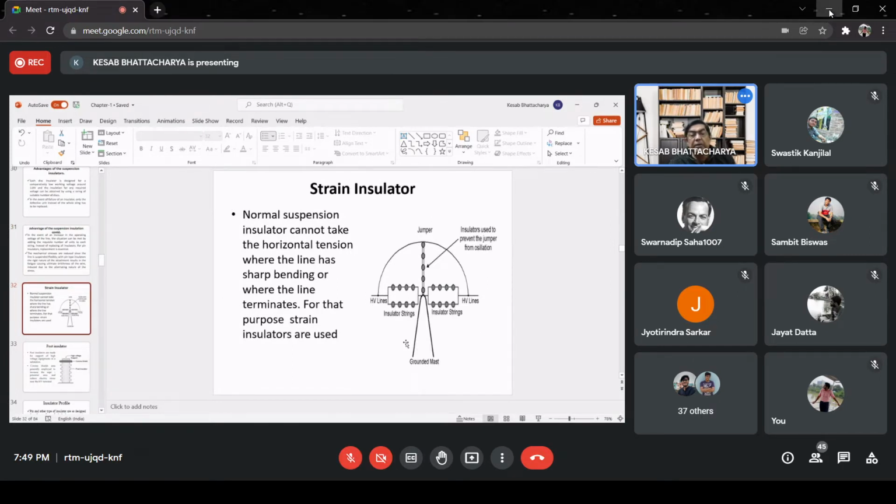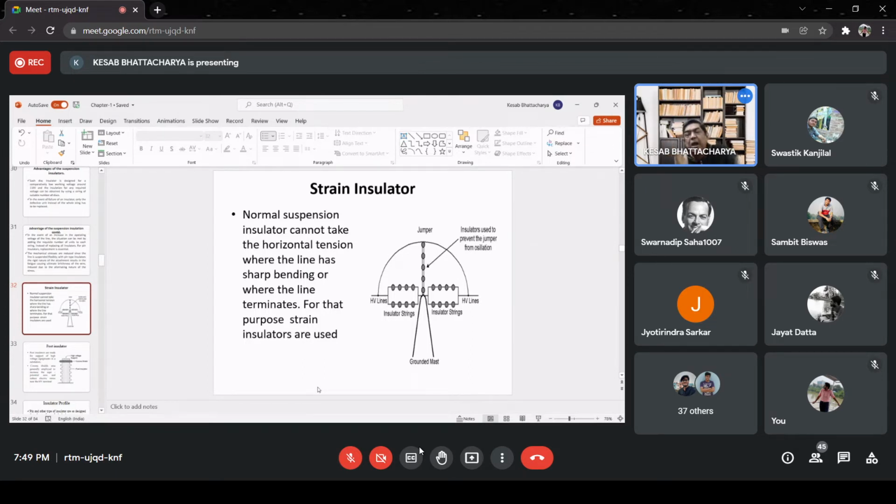Now, strain insulators. A normal suspension insulator cannot take the horizontal tension where the line has a sharp bending or where the line terminates. Suppose at a particular transmission tower one line has to be terminated, or from that tower the line will take another bending and change the direction of run.